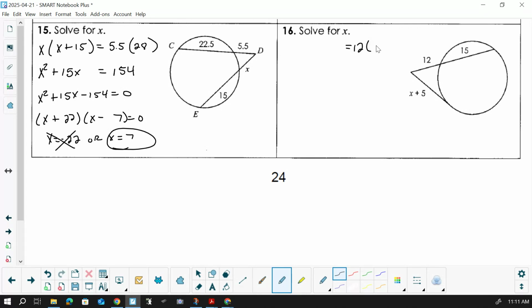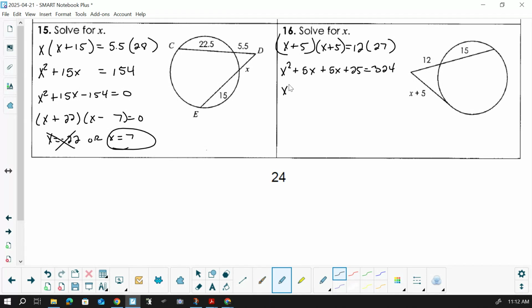12 times 12 plus 15 is 27. And this one here, x plus 5 times x plus 5. Okay. So we're going to get x squared plus 5x plus 5x plus 25 equals, and then on this side, 12 times 27 is 324.